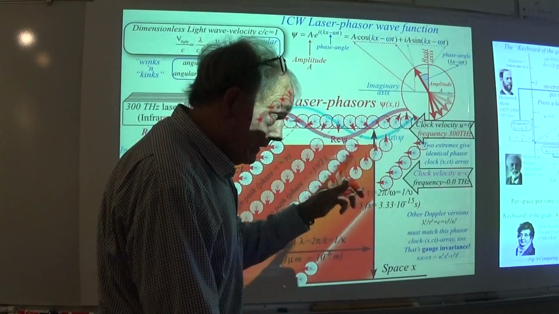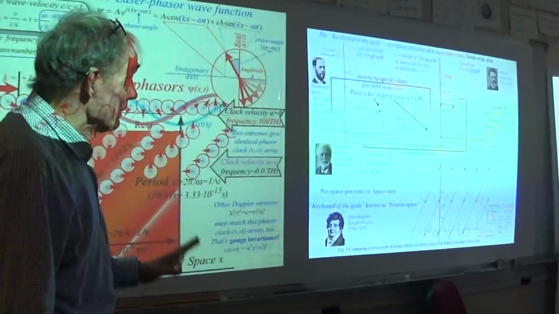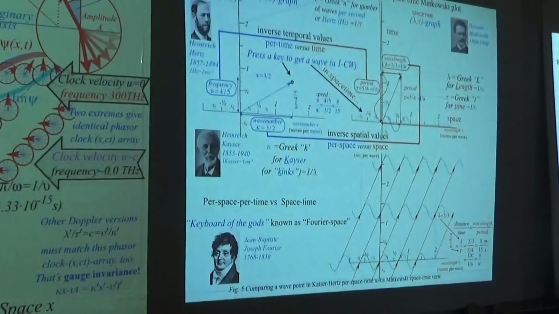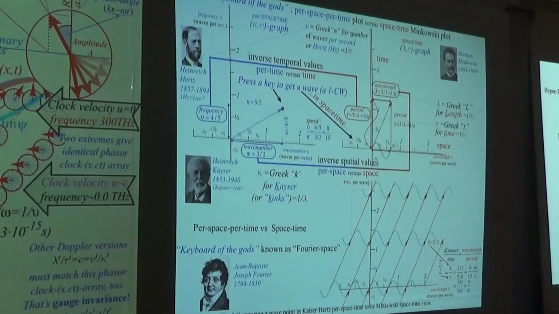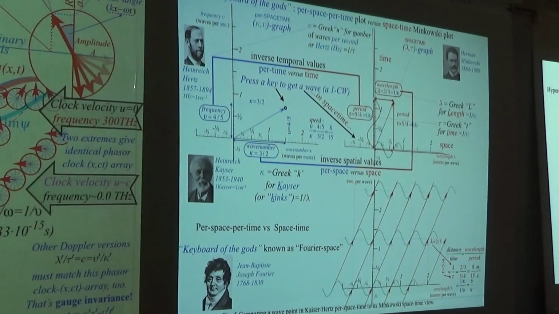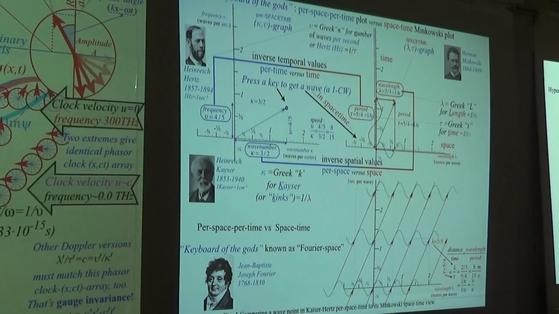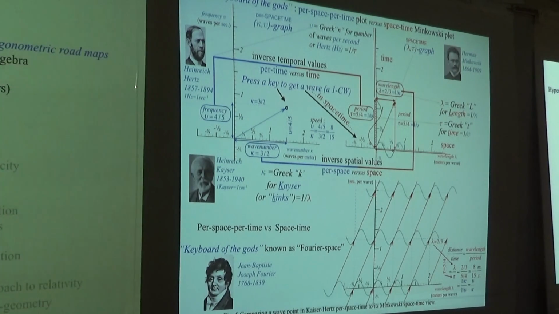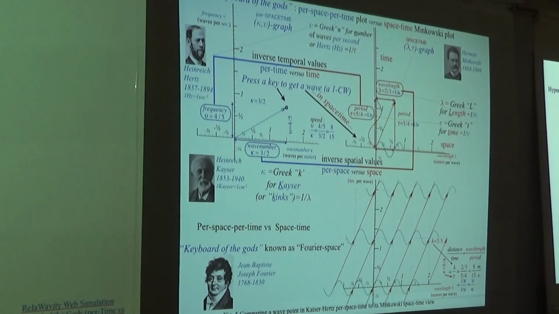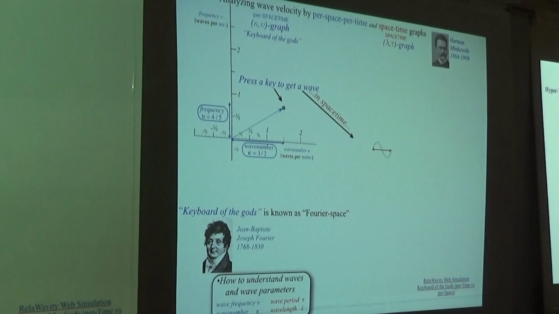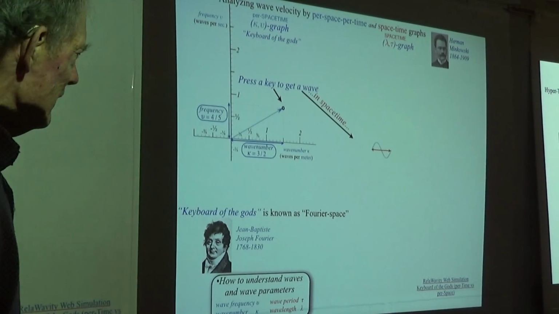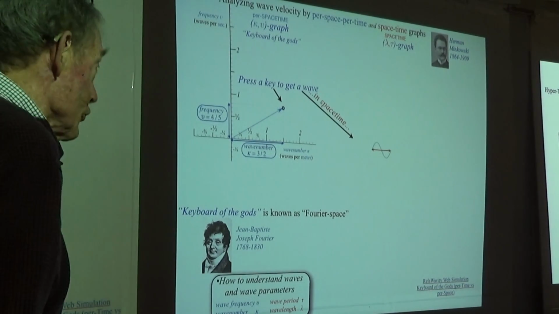Now, the next thing I want to do is really go over space and time. Not just space and time, but also per space and per time. That's what you're going to plot first. And I want to emphasize what is so great about that. It has a very famous name, and let's just clean this up and come through it step by step. The very famous name is Mr. Jean-Baptiste Joseph Fourier.